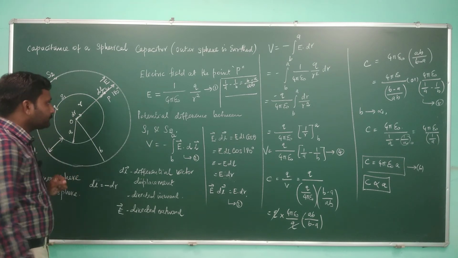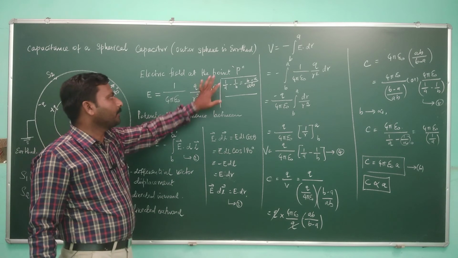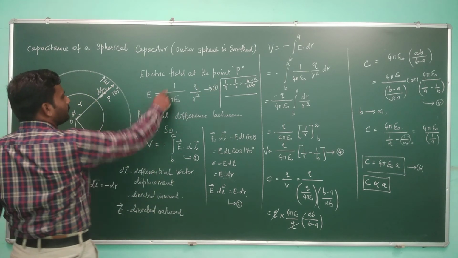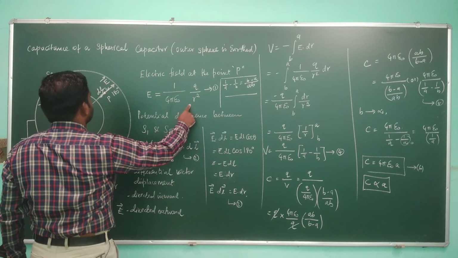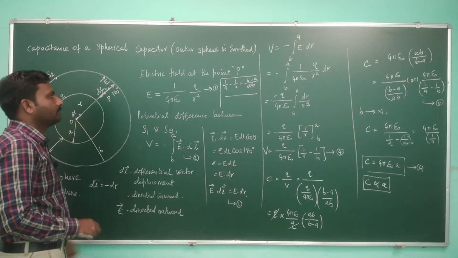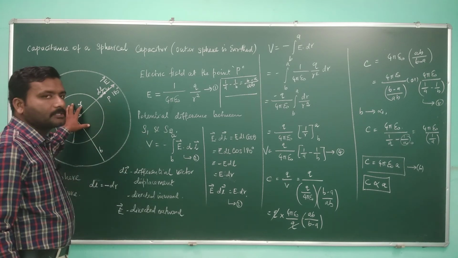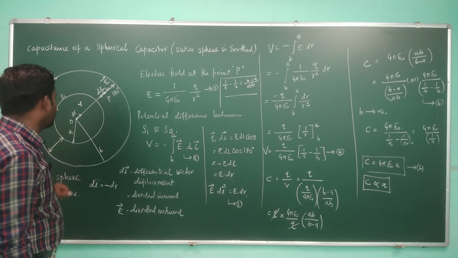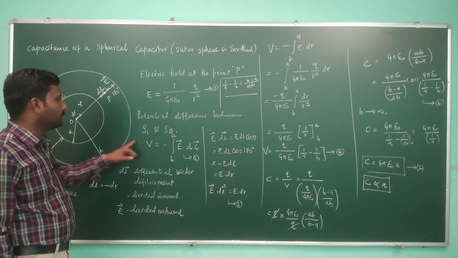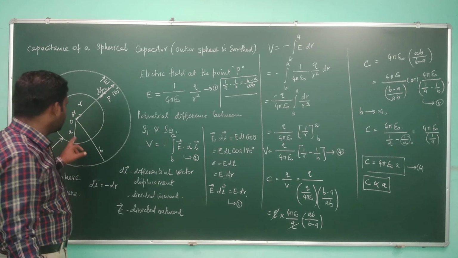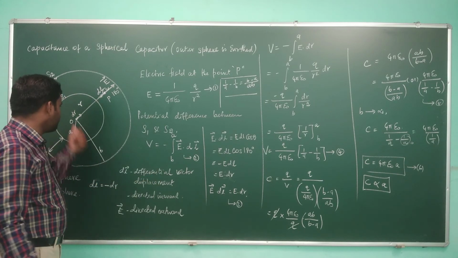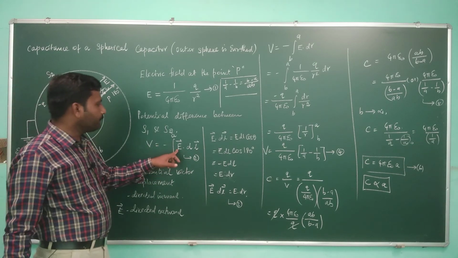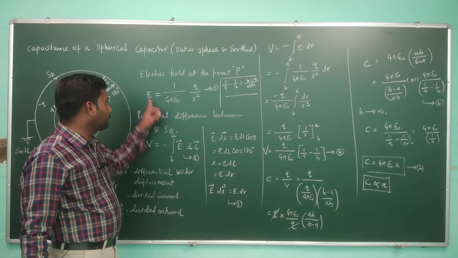With that, let us write the electric field at point P as E equal to 1 by 4 pi epsilon naught, q by r square. The distance is r, as you know, and in the charged sphere we assume the charge is q. Now the potential difference between the two spheres we have written as the integral from the second sphere to the first sphere, b to a, of E dot dl, where the expression for E is here.